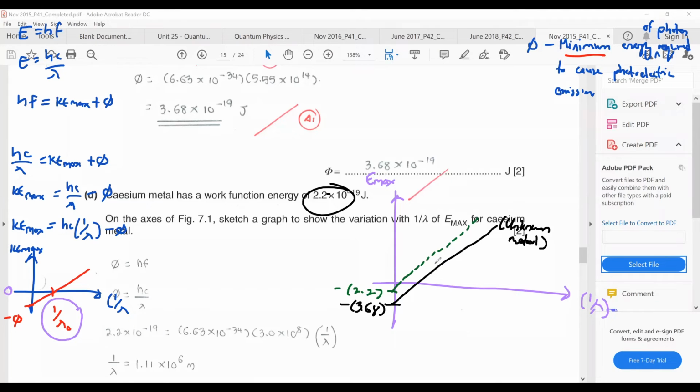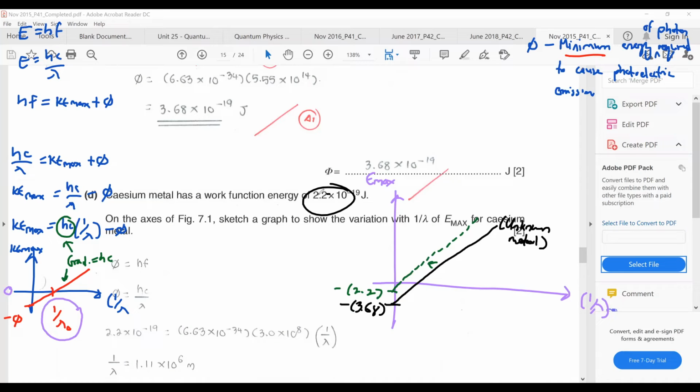So you know that your graph needs to be shifted here. Still same gradient, because you can see from here, gradient is HC. So gradient won't have any difference because they are both still HC here. So it will be a parallel line.